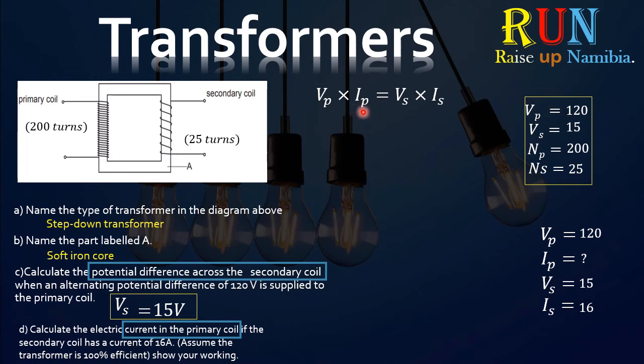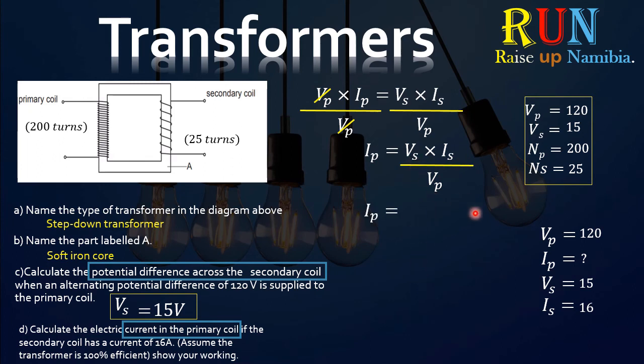Now we want to have it alone on one side, but now it's multiplied to Vp. So how can we cancel out this Vp? By dividing by Vp. Now remember, what you do on one side, you need to do on the other side. So we also divide that side by Vp. It will cancel out on the left hand side and you will be left with Ip is equal to Vs multiplied by Is divided by Vp.